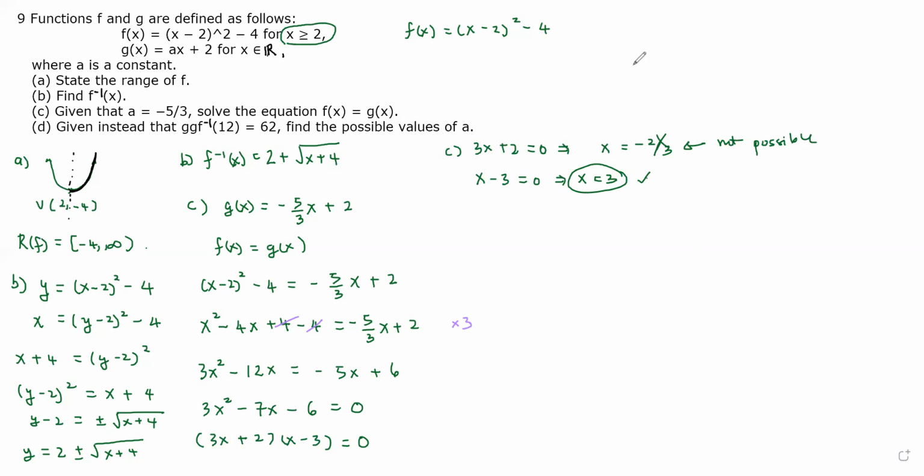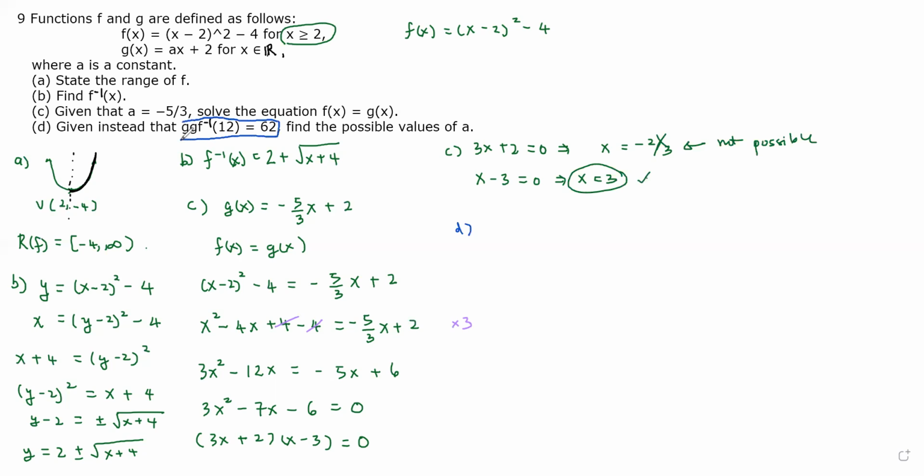Part D, we are given that g(f^-1(12)) equals 62, and we need to find the possible values of a. So we need to work out the left side.